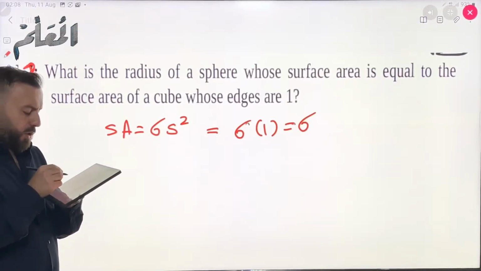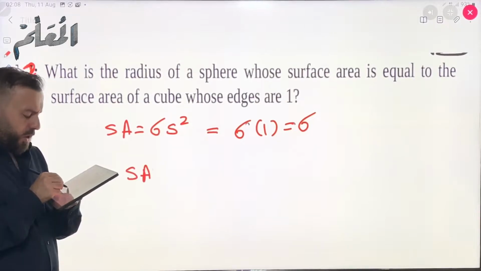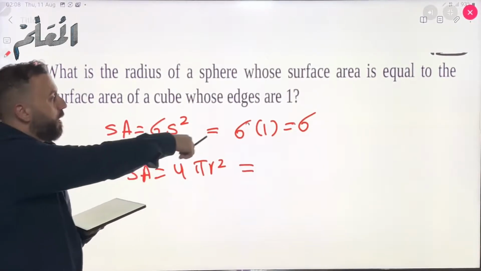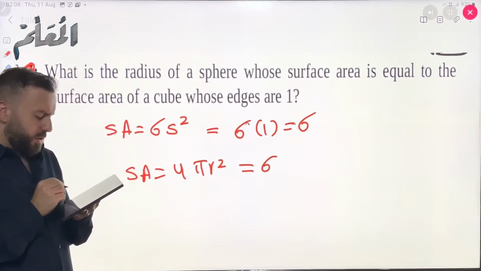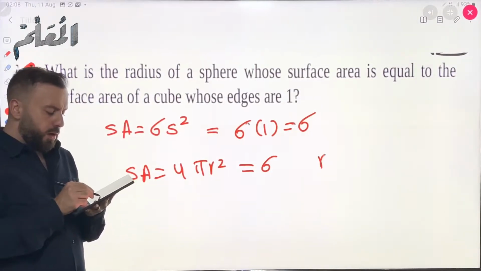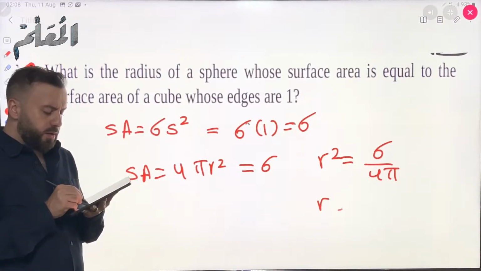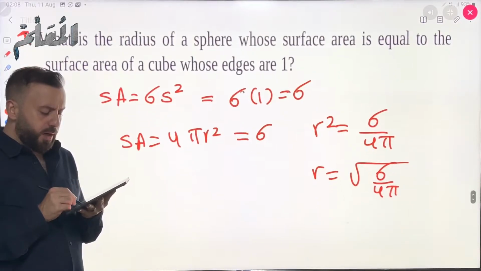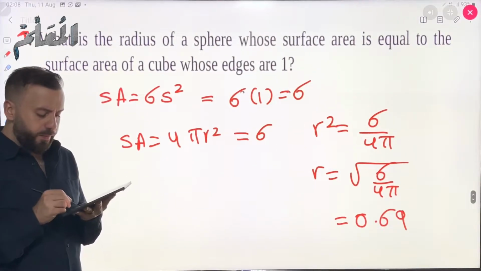And I know the surface area of the sphere is 4 pi r squared, and that is equal to 6. So r squared is equal to 6 over 4 pi, and then r is equal to the square root of 6 over 4 pi. Using the calculator, the answer is 0.69.